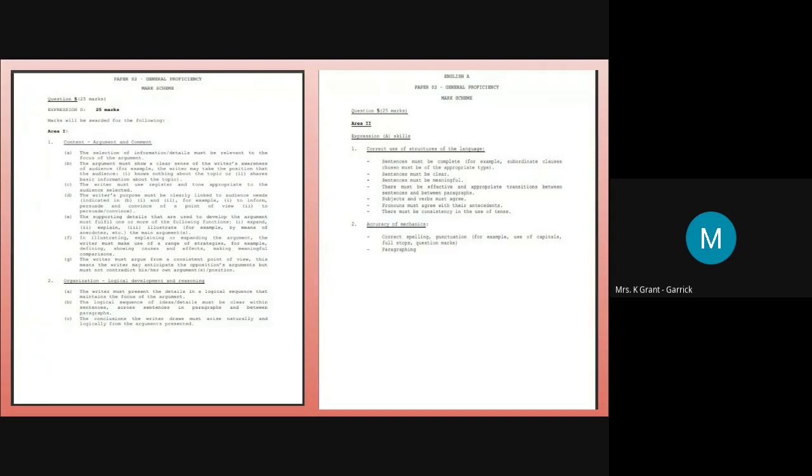The argument must be clear, and we must see that there's some sense of the writer's awareness of the audience. The writer must also ensure that there's an appropriate use of information to convey the purpose of whatever it is that he or she is writing.